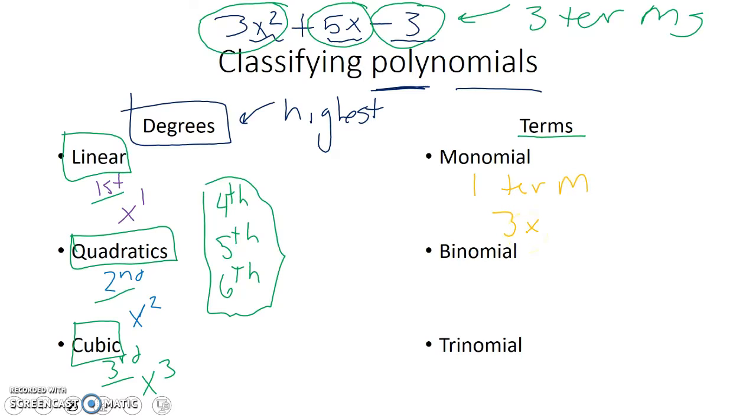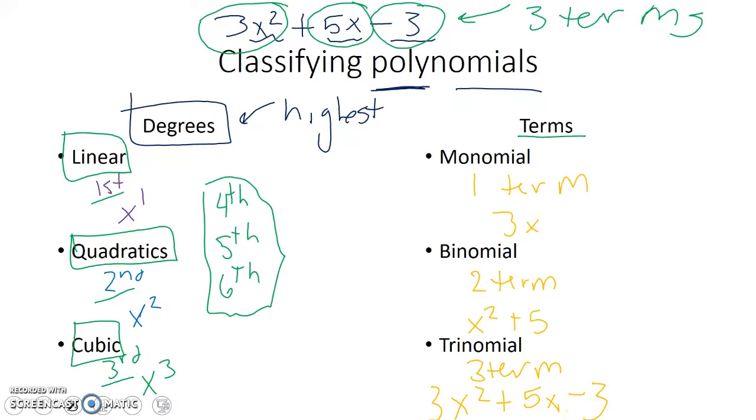A binomial is a 2-term thing, so maybe x squared plus 5. And a trinomial is a 3-term thing, like the one up there, x squared plus 5x minus 3.